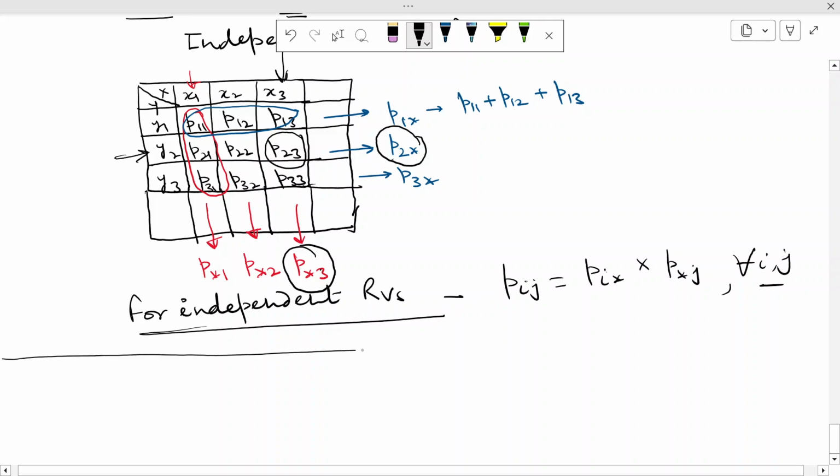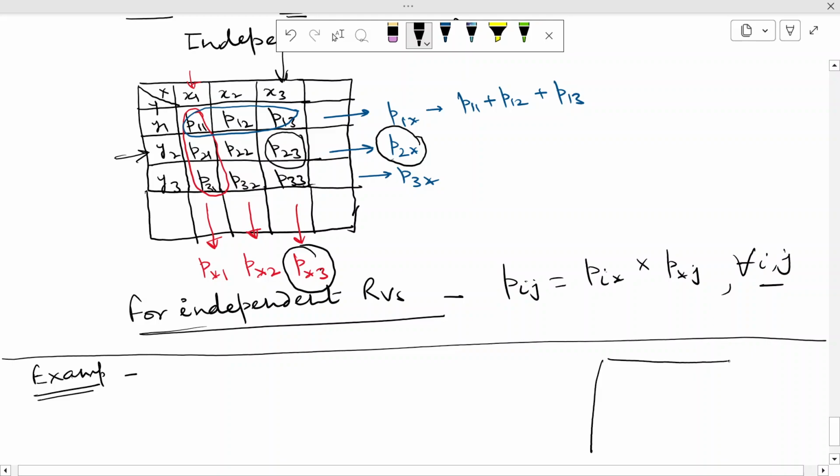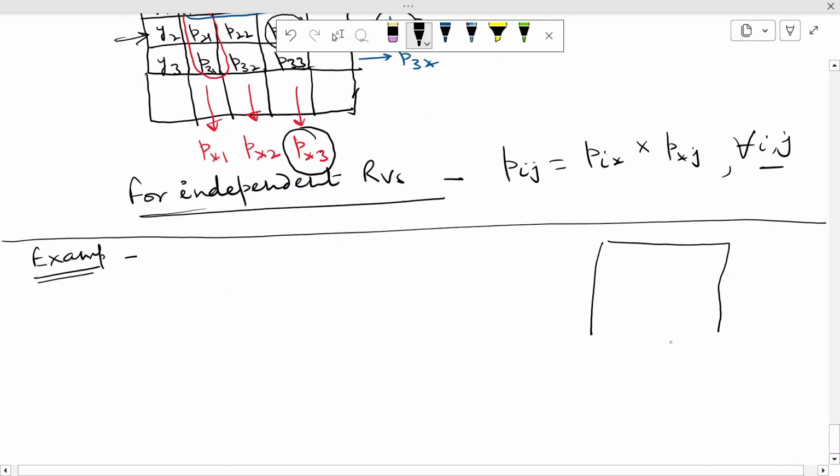So let us discuss a problem on this. Here is an example. In this example we are given a table with two values of x and three values of y.